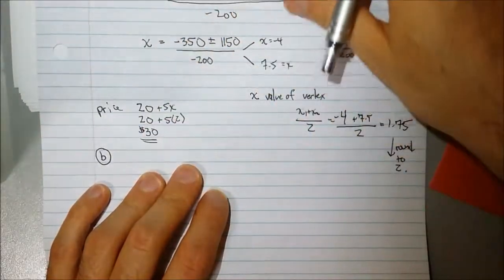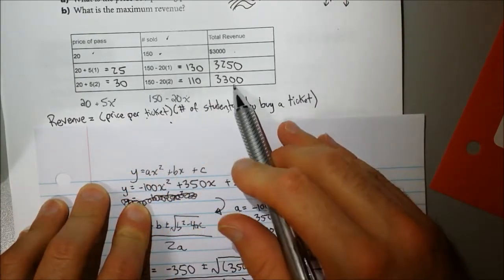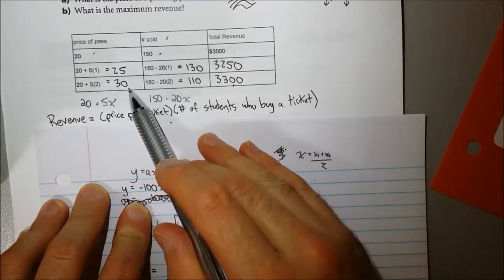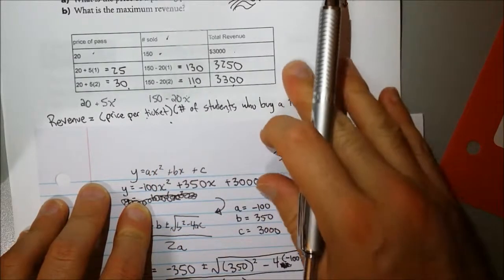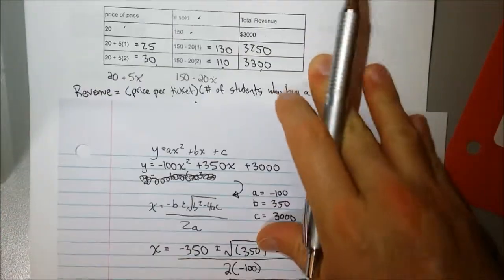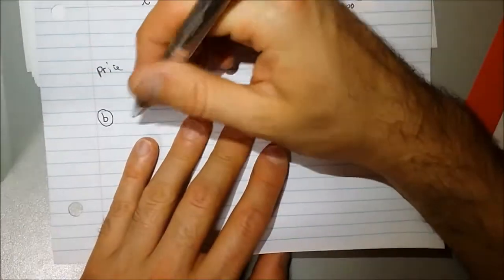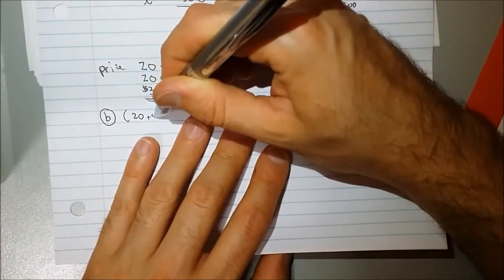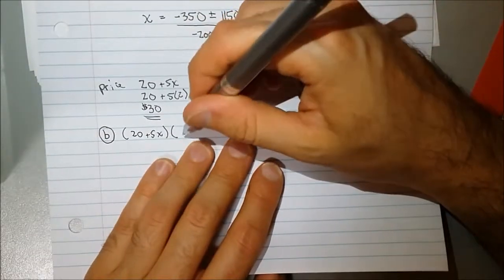What's the revenue? Well, just complete accident, we already calculated it over here. So just a reminder, that was the price times the number of students that would buy at 110. So you get 3,300. Just to be really clear, I'm going to use my formula again, so I know we already did it, but just to remind you of where it came from.